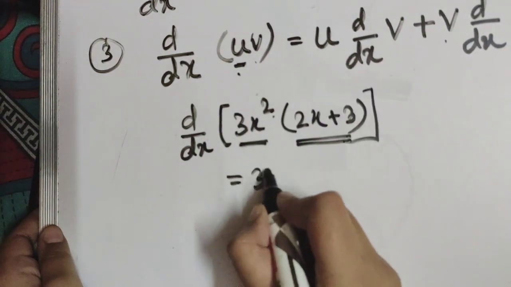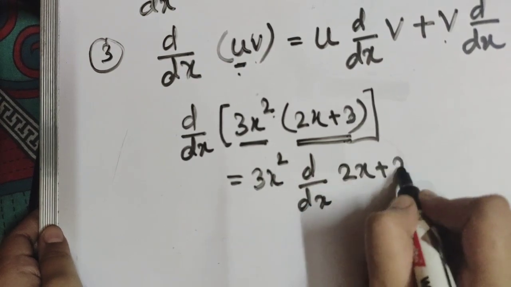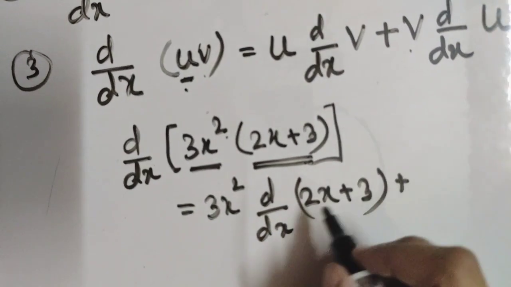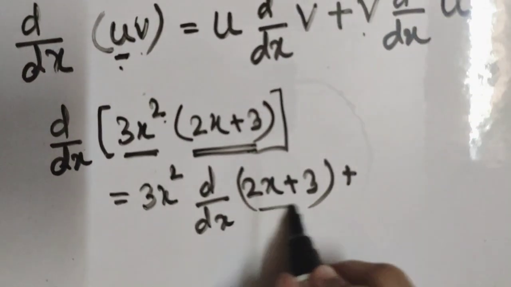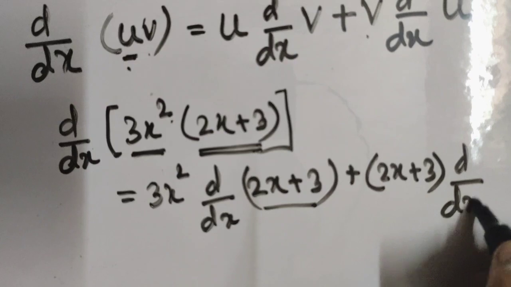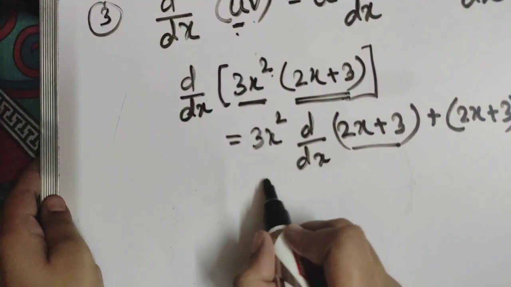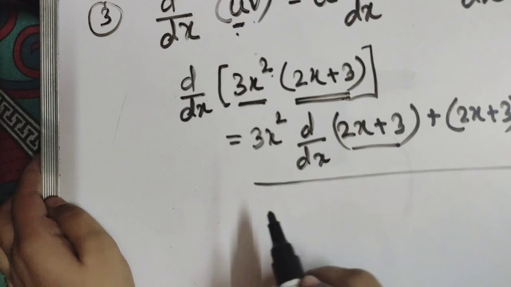Now 3x square into d/dx of v, that means 2x plus 3, and after that you keep 2x plus 3 constant into d/dx of 3x square, okay? And after doing the derivative we will get the answer.